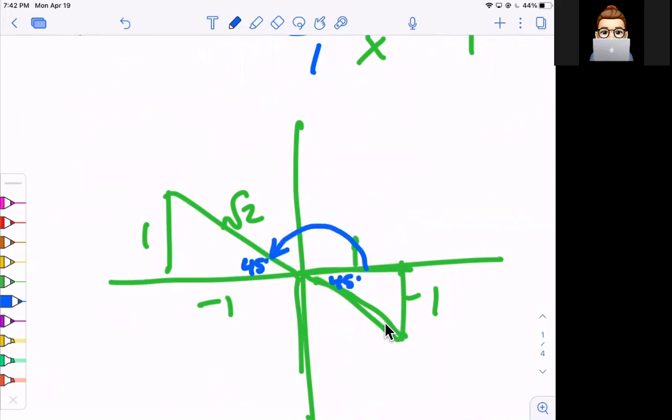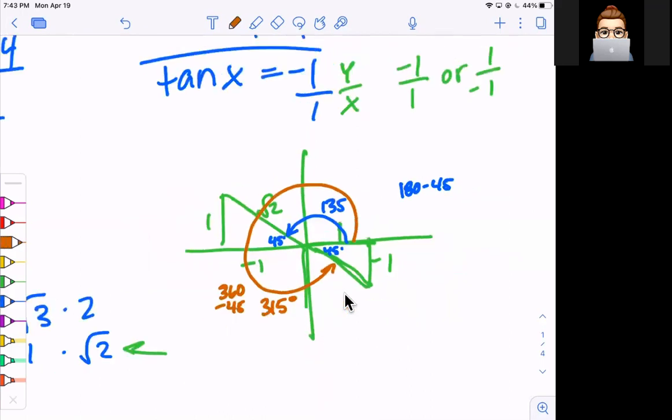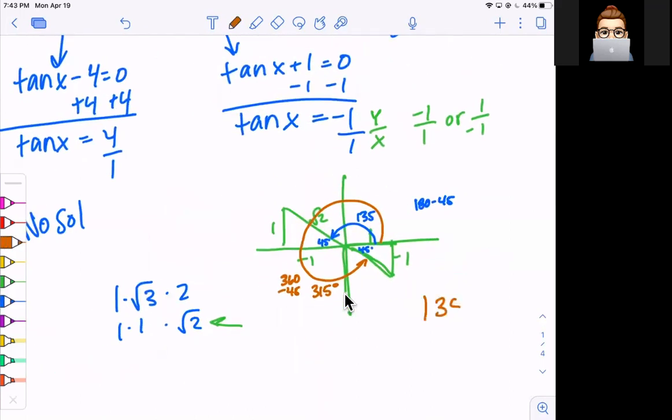So this distance, 180 minus 45 would be 135. And then this other distance all the way around, 360 minus the 45 degrees would be 315 degrees. So we'd have 2 answers from here. We'd have 135 degrees and 315 degrees.